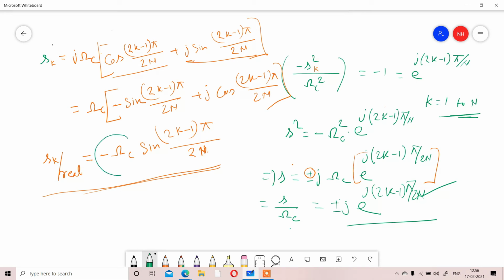Omega c is a constant value, so that part is negative, and whether sk is positive or negative will be defined by that sine term. If that sine term is positive, then sk will be negative. If the sine term is negative, the negative gets multiplied and it becomes positive, so sk will be positive.